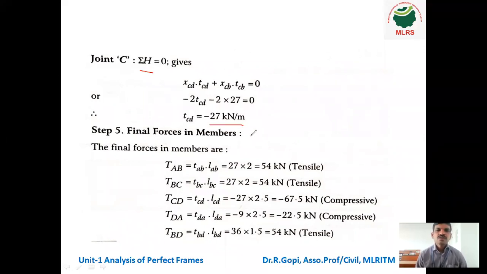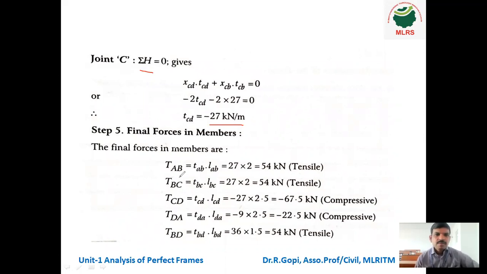So the final force we have to write in the table only. So here for simplification, they written only without tabulation, but in examination you have to write in table only, like previous problem.